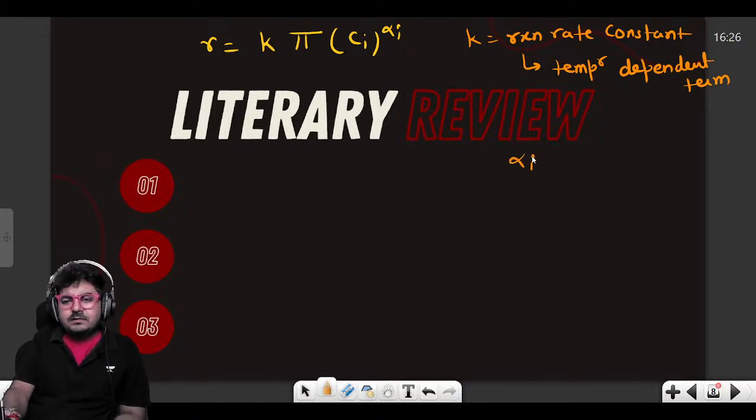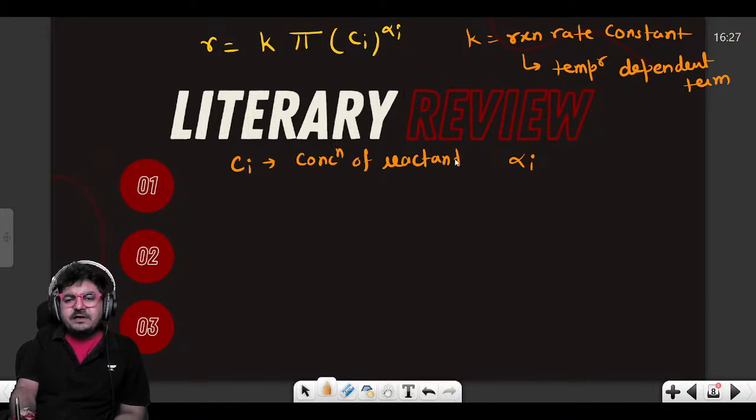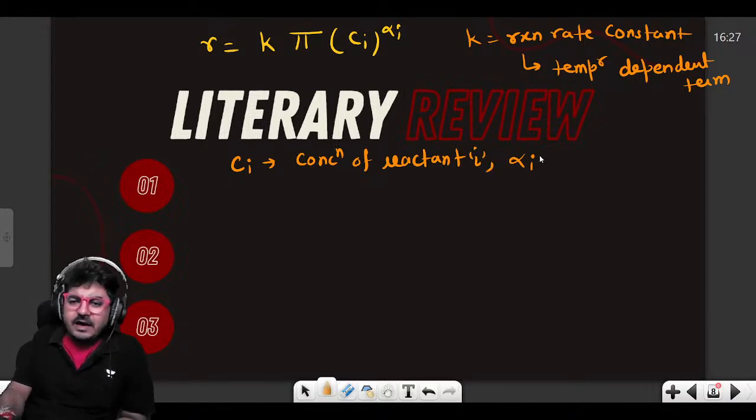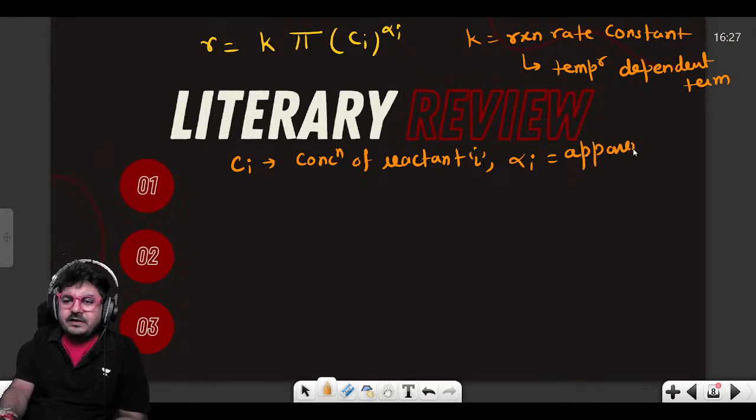Ci is the concentration of reactant i participating in the reaction, and alpha i is the apparent order of reactant i.